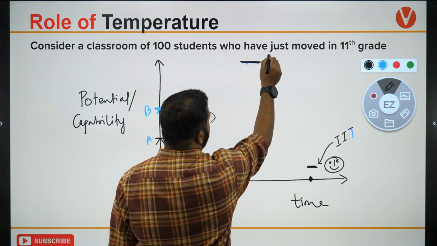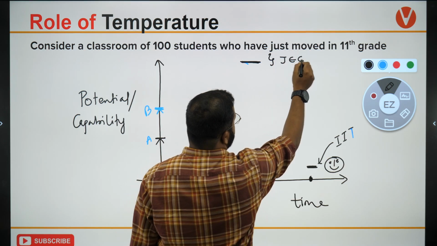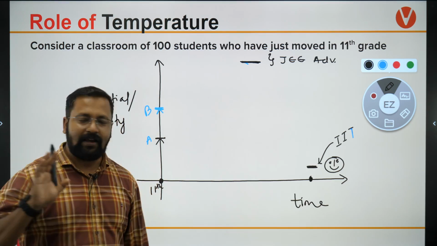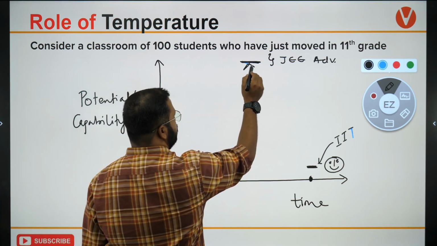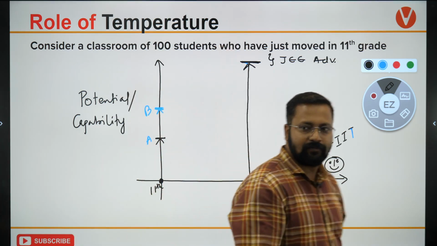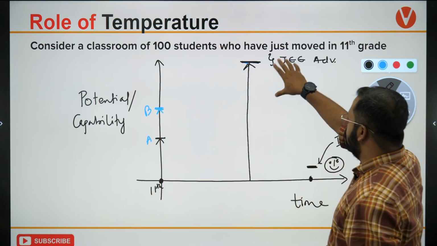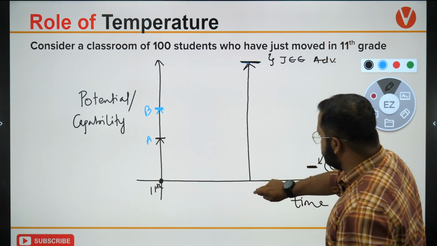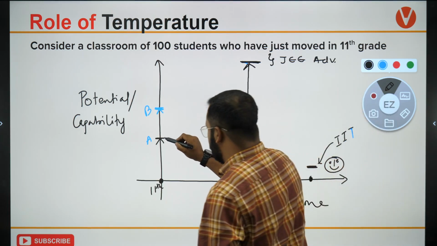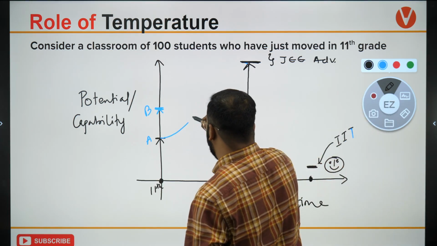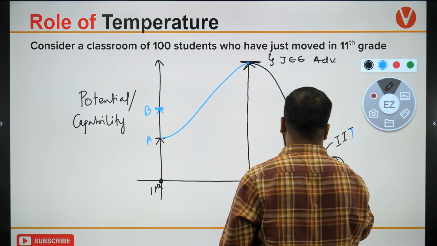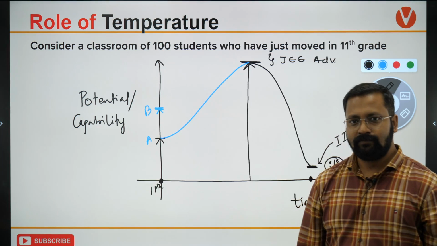This is your JEE Advanced. और JEE Advanced को क्वालिफाई करने के लिए आपकी पोटेंशियल इतनी होनी चाहिए. Your capability should be this much. To qualify JEE Advanced, this should be your capability. So you have to put a lot of efforts to reach here, qualify the examination, only then you can come over here.